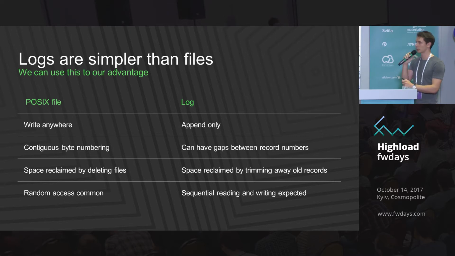I will talk about it later. Space reclaim, the way we delete, is also different for files and logs. For a log, we can just trim old records. For a file, it's deleting files. It's pretty different. And for a POSIX file, we should support random access. For a log, it's usually sequential reading and writing.